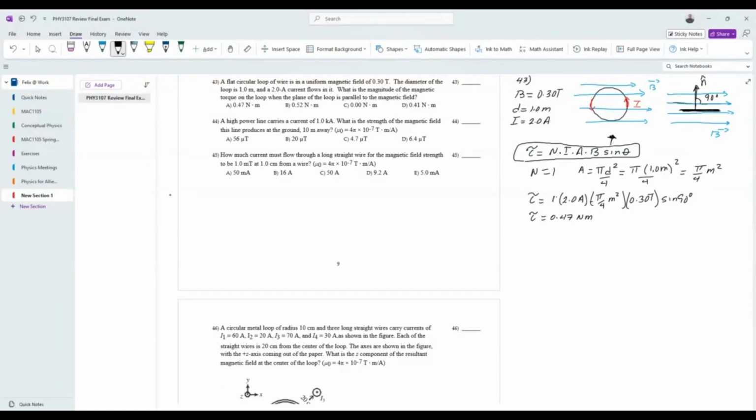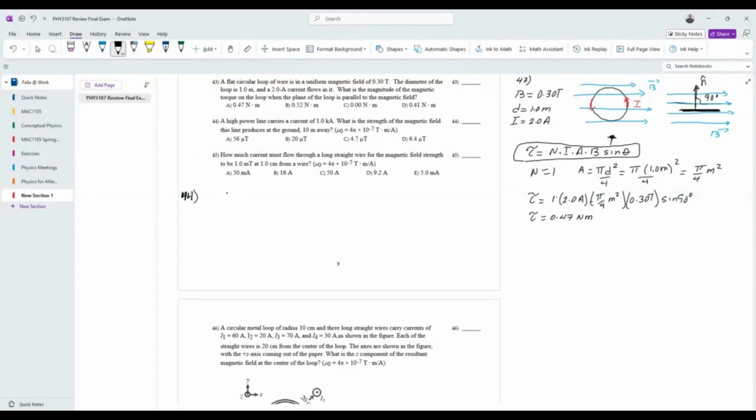Now, exercises 44 and 45 are about the intensity of the magnetic field surrounding a current carrying wire. Look at this exercise. They say a high power line carries a current of 1 kiloampere. What is the strength of the magnetic field this line produces at the ground, which is 10 meters away?